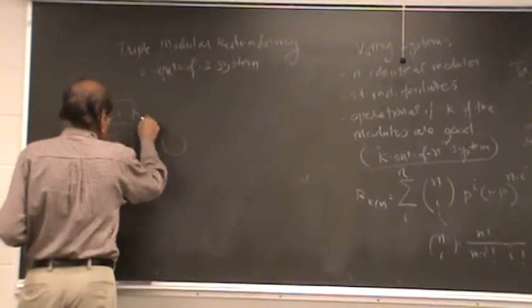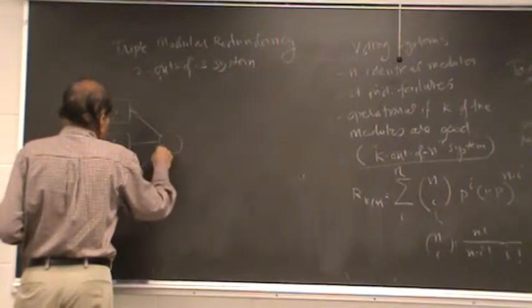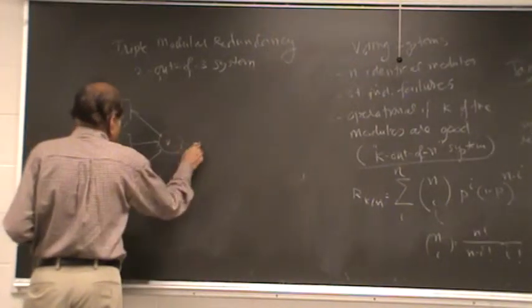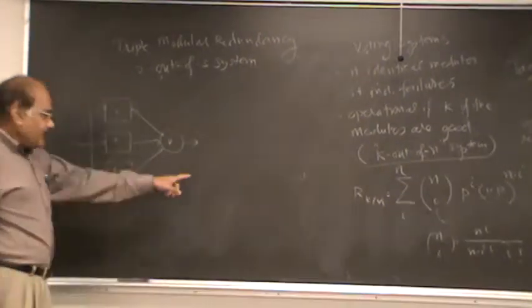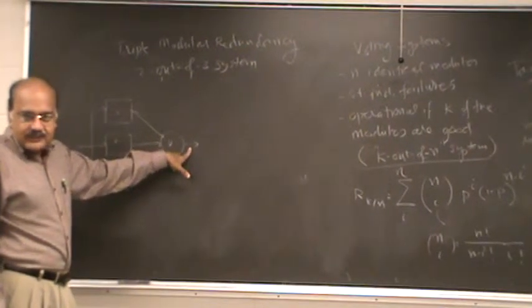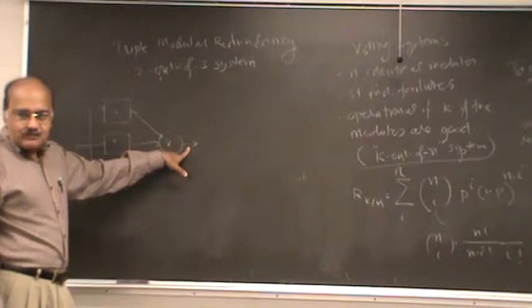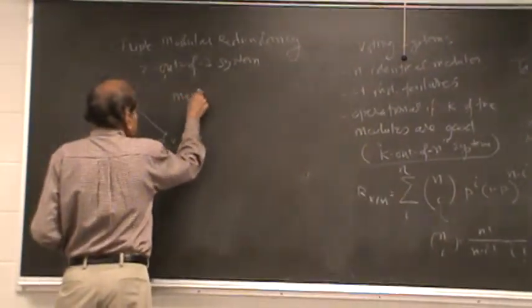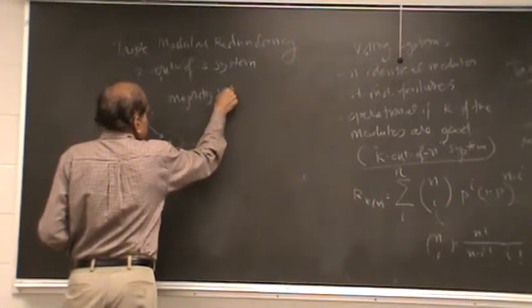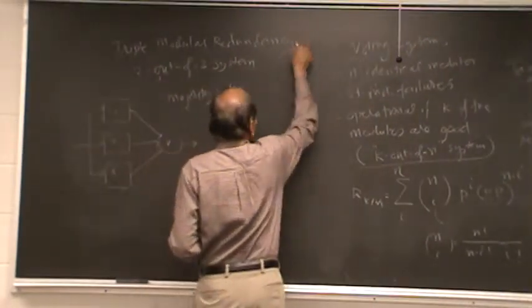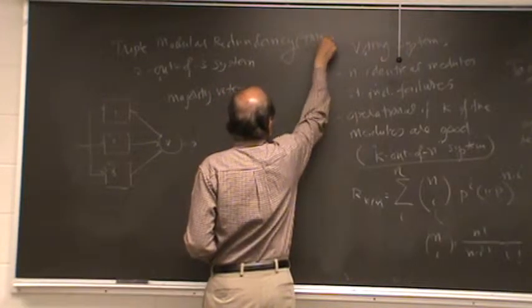Now, what we can do is take a majority vote on the output. This is the voter, and it accepts whatever the majority of them are saying. So this is the majority voter. Incidentally, triple modular redundancy is also called TMR.